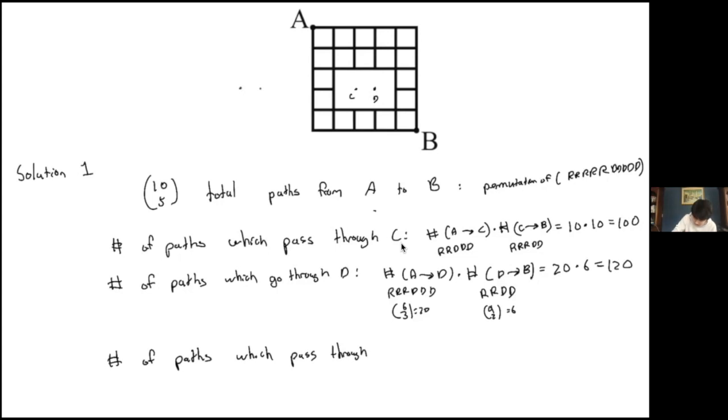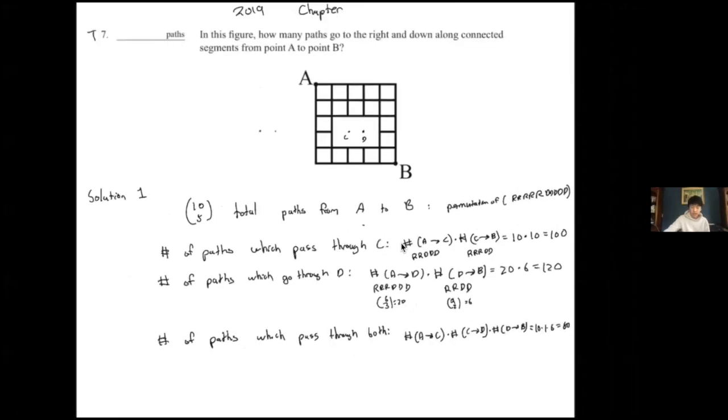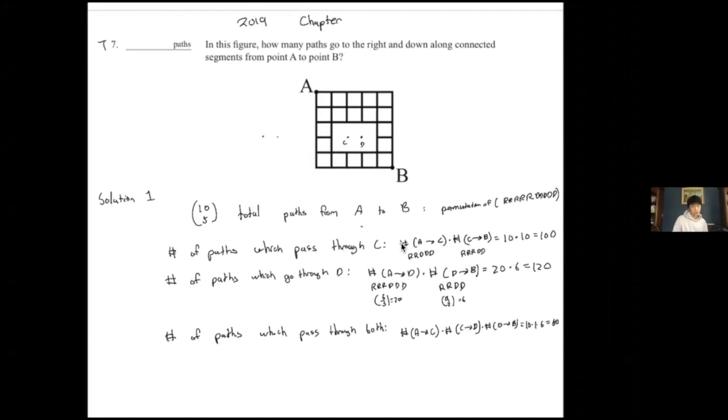The number of paths which pass through both is the number from A to C times the number of ways to get from C to D times the number of ways to get from D to B. We have these values from before. A to C is 10, C to D there's only one way, and from D to B there's 6, so there's 60.